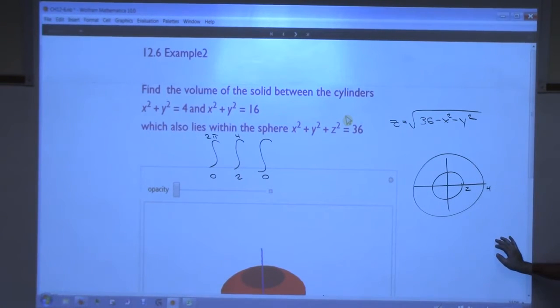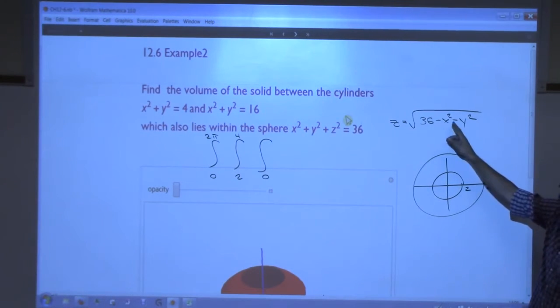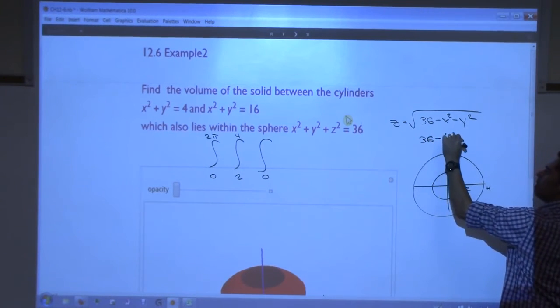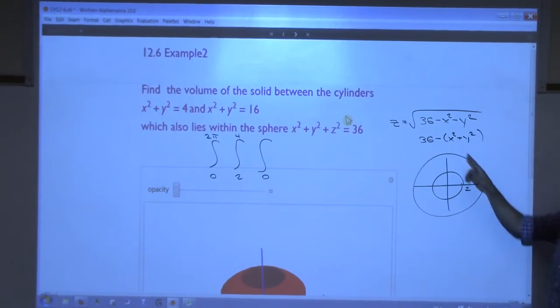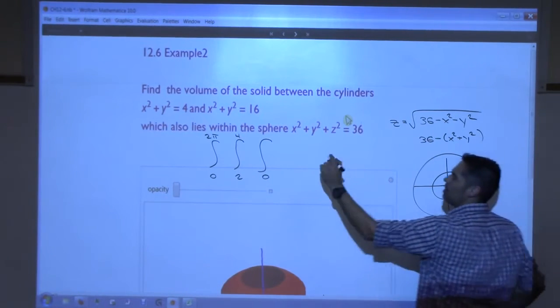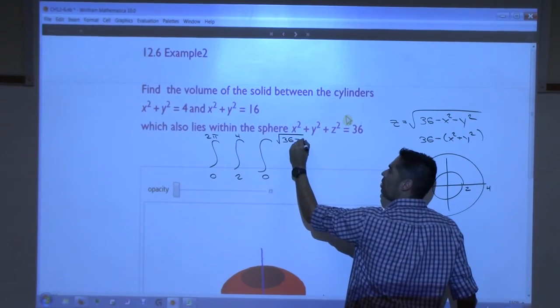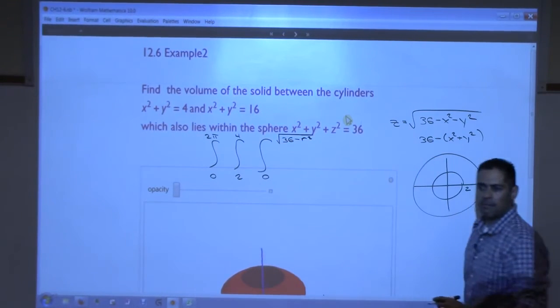But I'm in cylindrical, which is like polar. And so x squared plus y squared is really just r squared. So this top piece is just the square root of 36 minus r squared, isn't it?